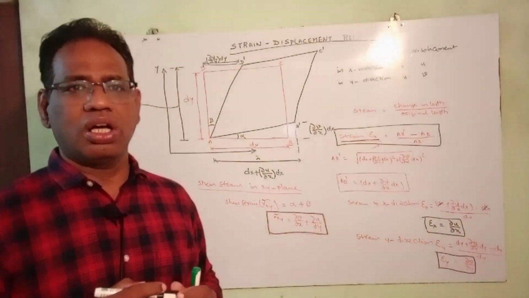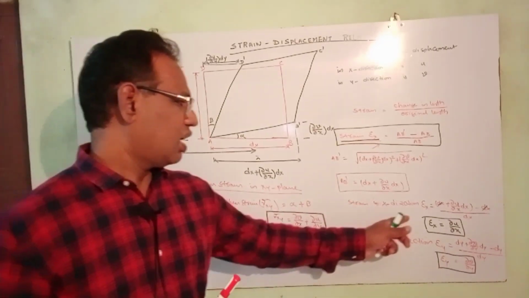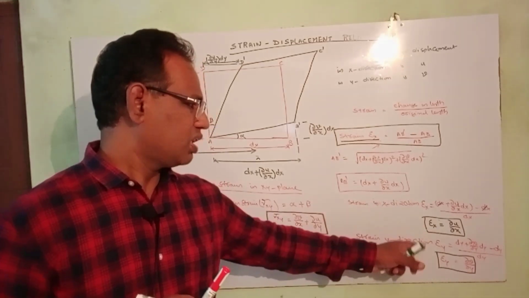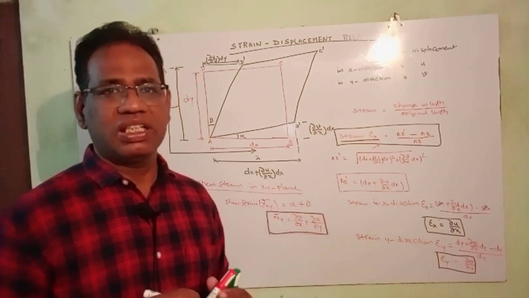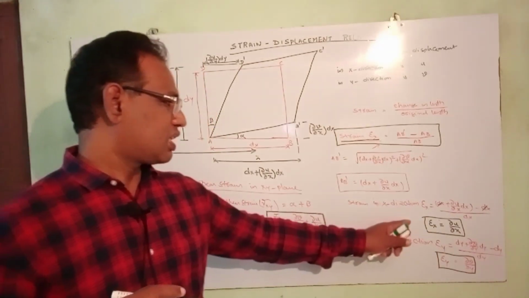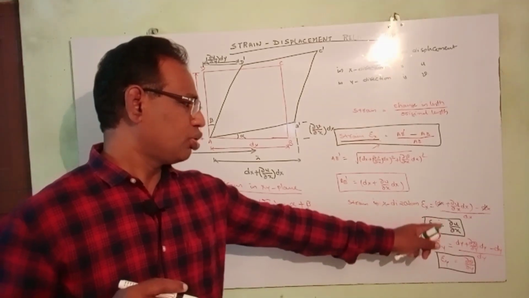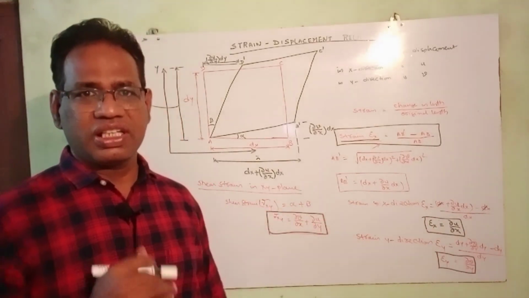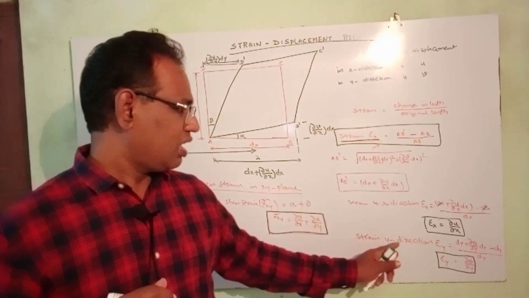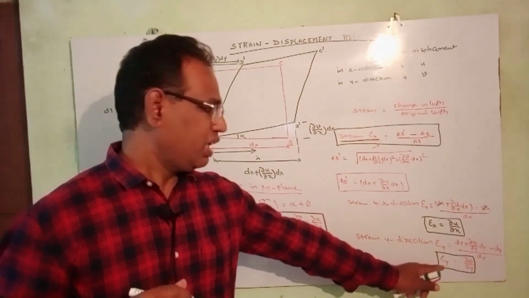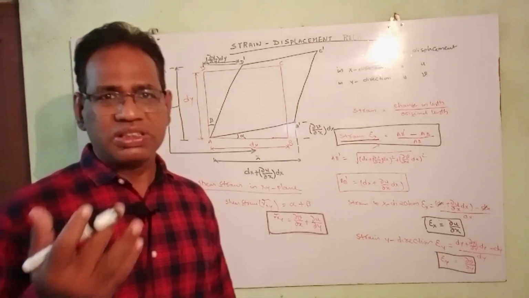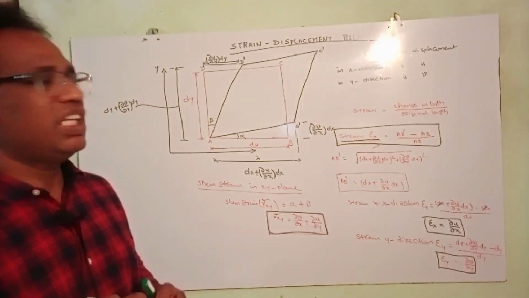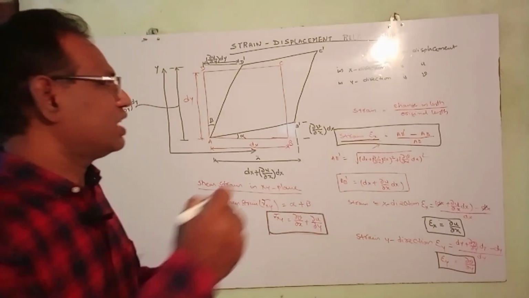Once you are familiar with the idea, we can derive it for the three-dimensional element. The strain in the x direction is dou u by dou x, where u is the displacement in the x direction. Similarly, the strain in the y direction is epsilon y, dou v by dou y. Suppose w is the displacement in the z direction.